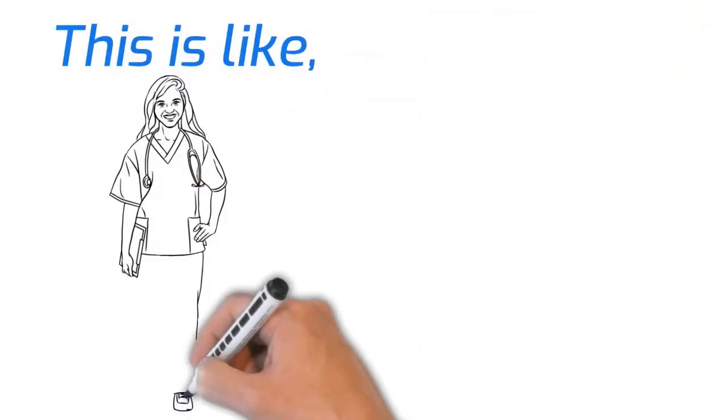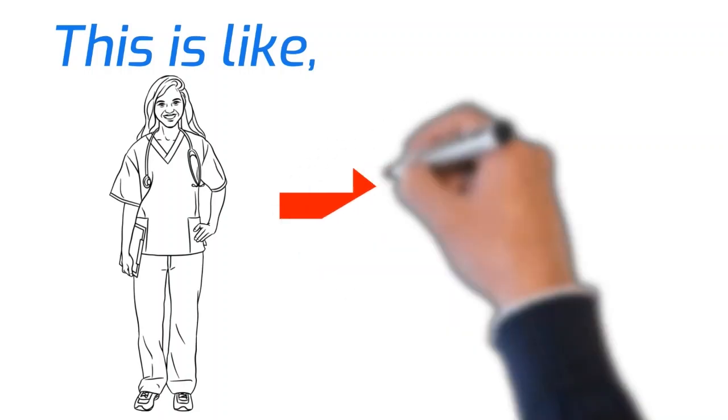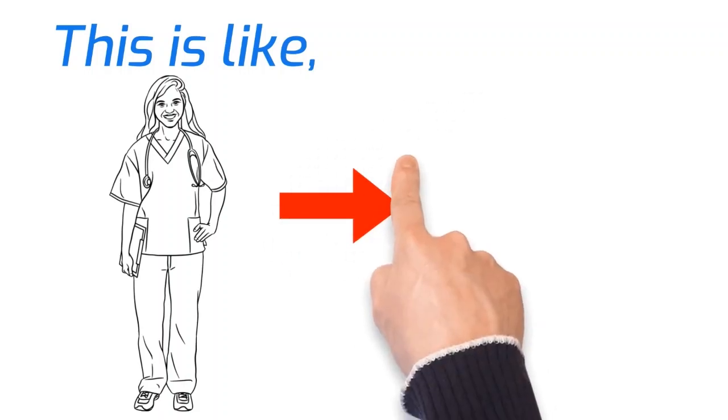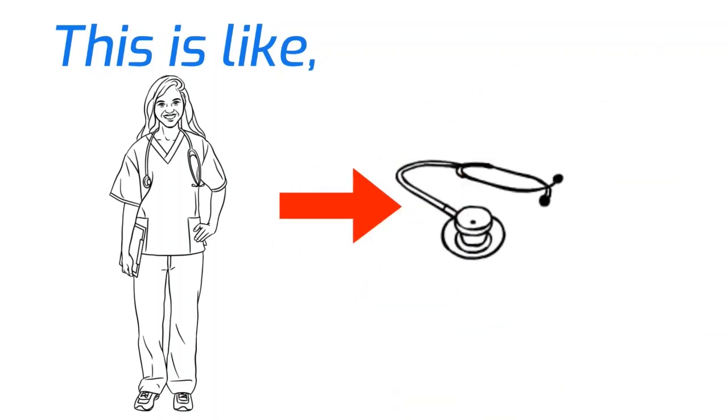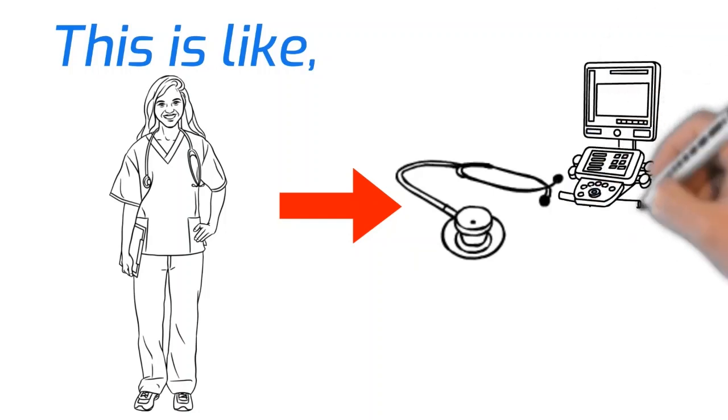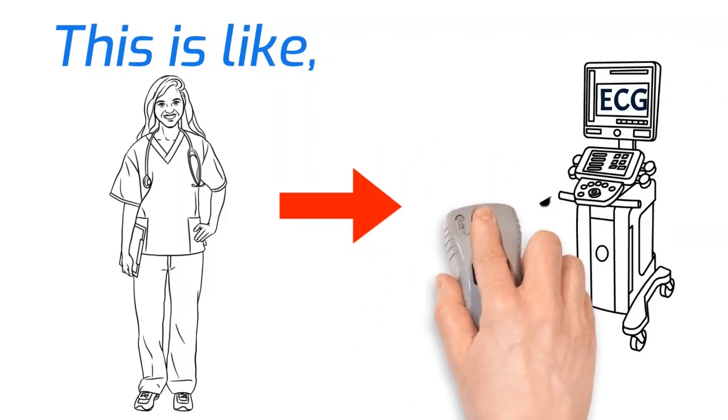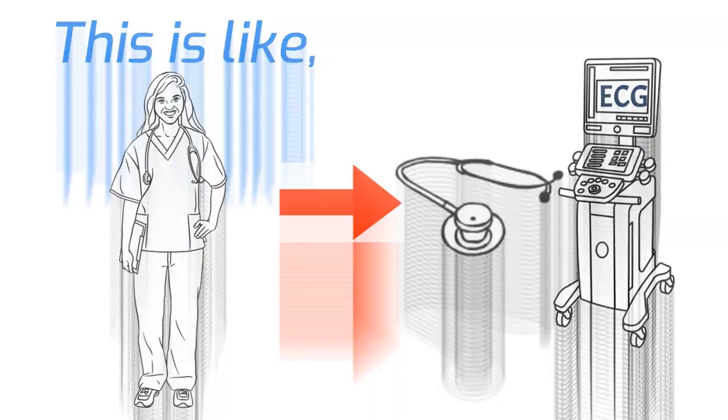This is like the doctor can check the pulse rate with the aid of a stethoscope. But if he wants to further investigate, such as the rhythm of the heartbeat, he should have an ECG report. Likewise, we can just measure the voltages and currents using the digital multimeter.